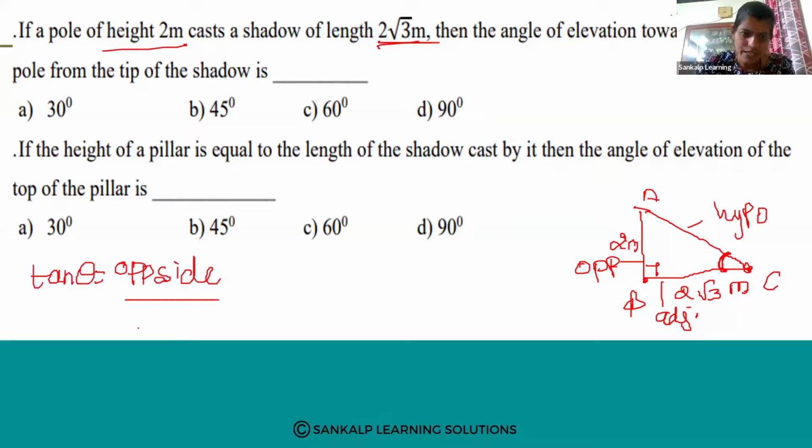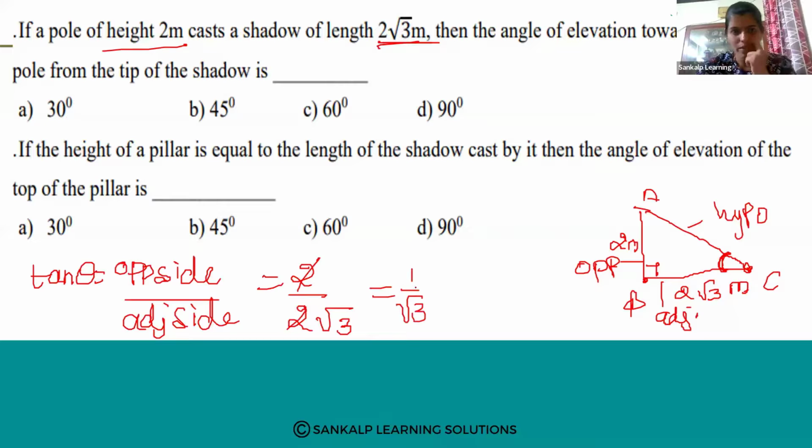So the opposite side value is 2 meter. The adjacent side is 2 root 3 meter. So 2 and 2 will get cancelled. What you will get? 1 divided by root 3. So 1 divided by root 3 is 30 degree. Yes or no? Okay.